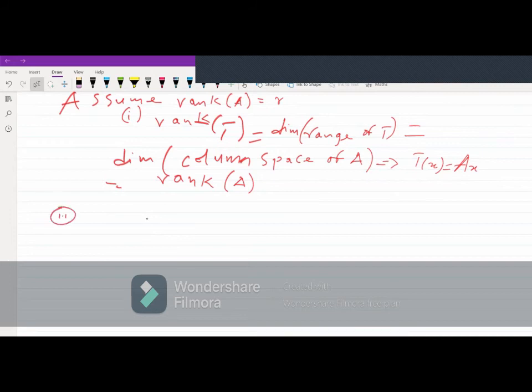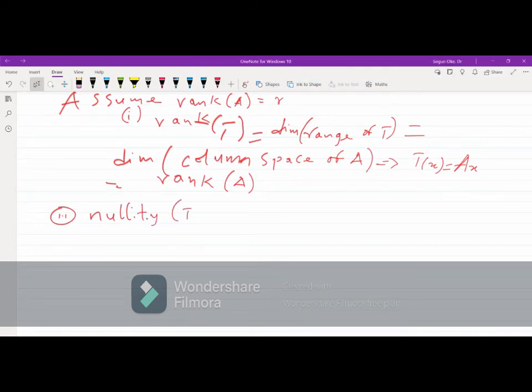Then the second point to show is that the nullity of T is the same thing as the dim of the kernel of T, which is the same thing as the dimension of the solution space of A, which implies n minus r.